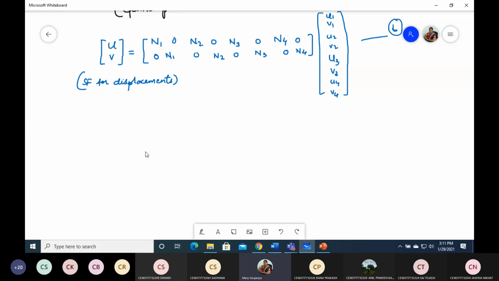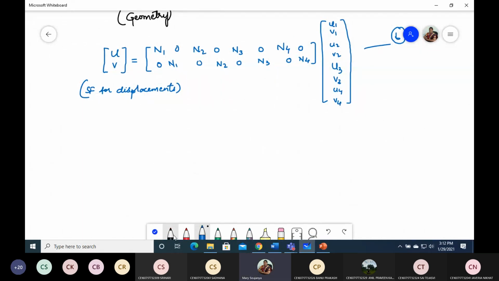What is the stiffness matrix? K matrix is B transpose into D into B into dV, triple integration over volume. If I need the B matrix, that is the strain displacement matrix, it includes differentiation of shape functions with respect to x comma y. Are you getting the point? I really think you must be keeping blank faces already. K matrix is, is this not the K matrix we know?